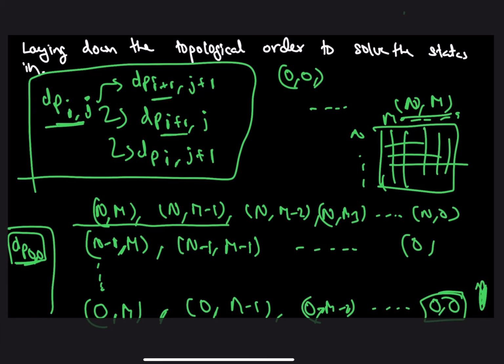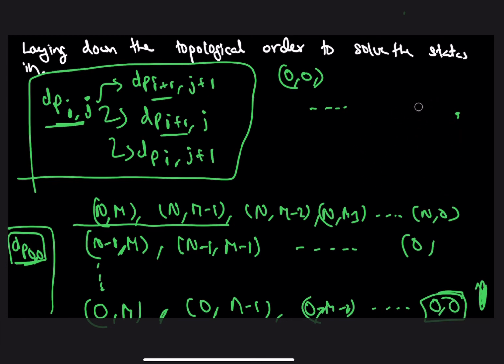So before computing the ith row, we must always compute the value of the I plus first row. That is point number 1 over here. So the priority of the I plus first row is greater than the ith row.